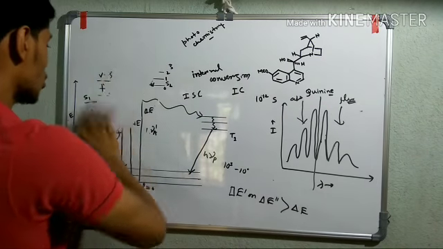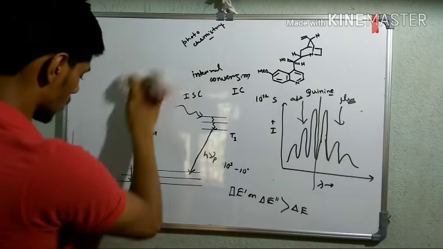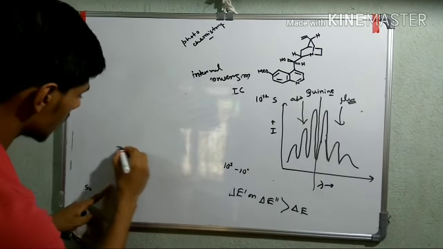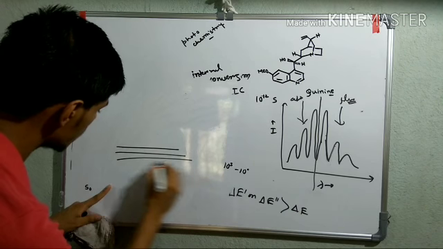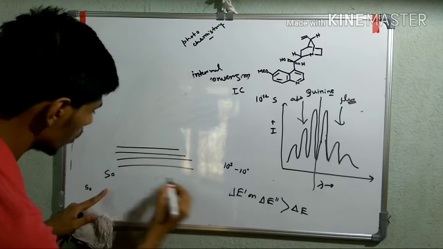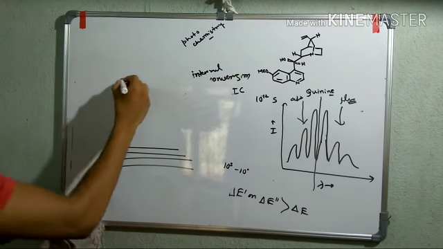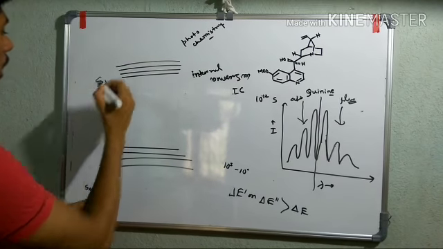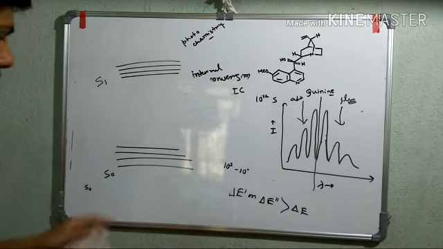For that we have to draw the energy level diagrams once again. Let's say this is the ground state S0 of your anthracene, and this is some electronically excited state S1 of your anthracene.